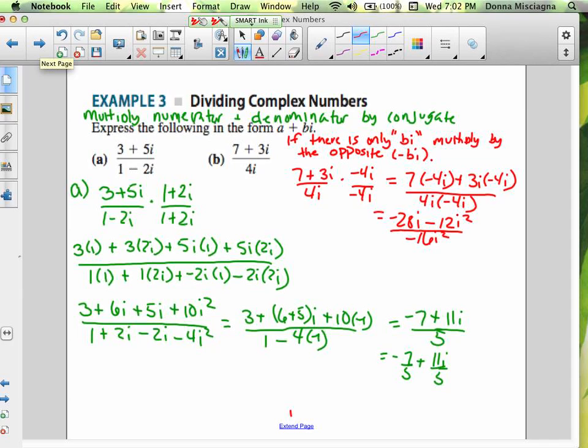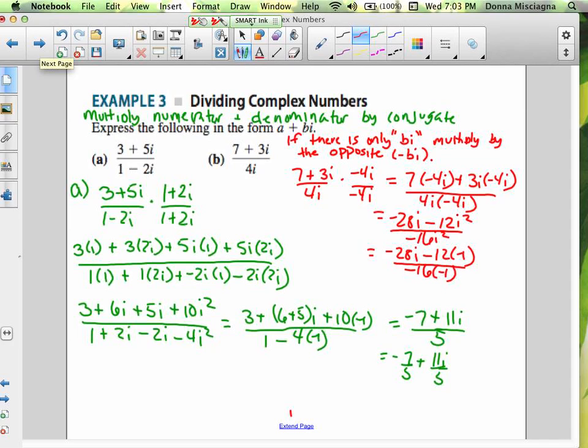All right, let's simplify that. Let's switch the order at the same time, I guess. Actually, we'll just simplify, and then we'll switch the order. Negative 28i minus 12 times negative 1, divided by negative 16 times negative 1.